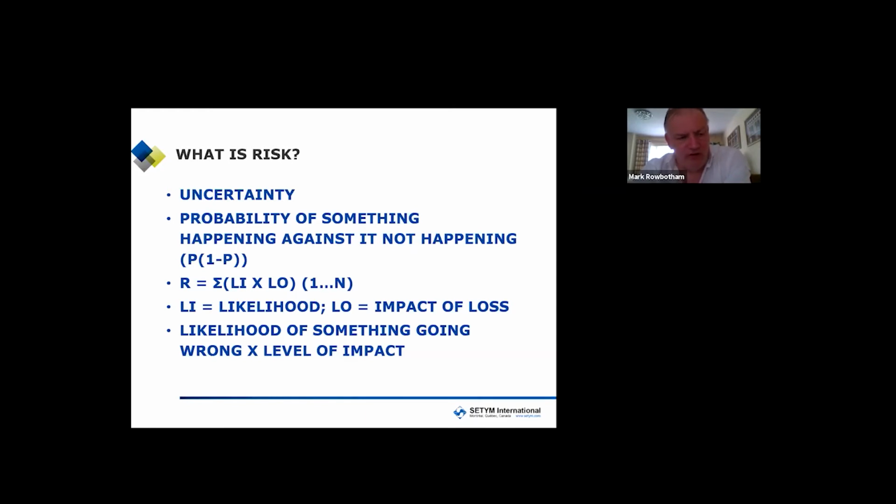So the total risk is the sum of everything happening within our activities, within our organization. It could be production activities, it could be any form of process, because that will then tell us throughout each stage of that process, what are the potential risks?